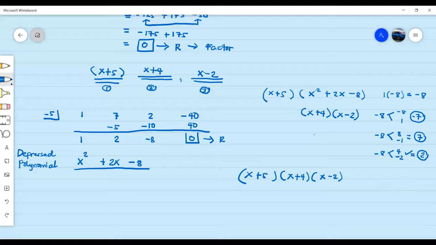Okay, so that's how we completely factor a given polynomial. We use the remainder theorem and of course the factor theorem. Okay. Thank you.